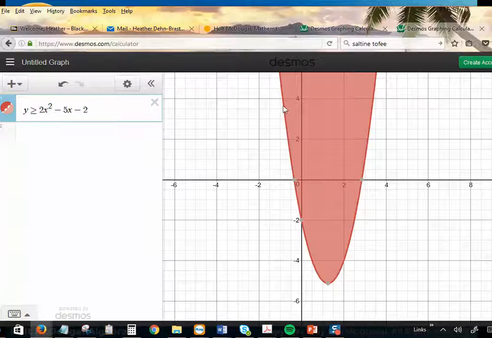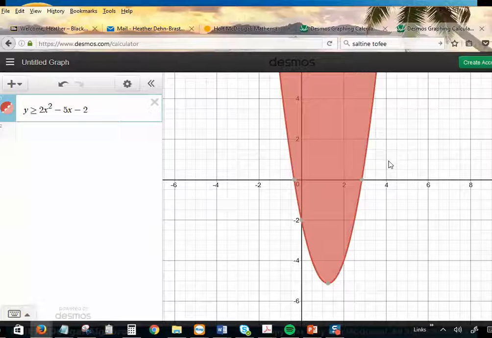It has used a solid line. If we needed to check the intercepts, it actually graphed them for us, 2.851 and negative 0.351 approximately. It even put the y-intercept on here for us and the vertex. So lots of information was given to us by this quick inequality graphing on Desmos.